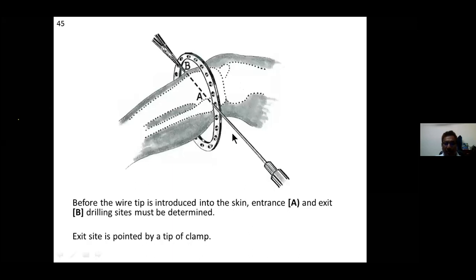You should place the wire, touch the bone, and your assistant will guide with an artery forceps or something, and you will mark that point to drill the wire.